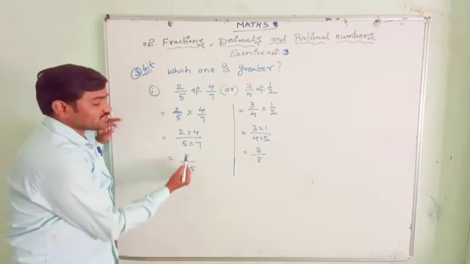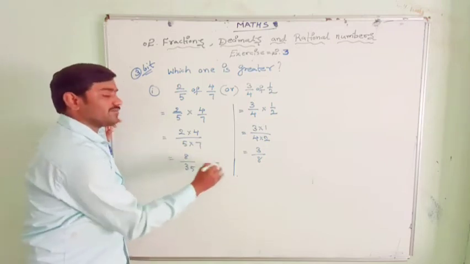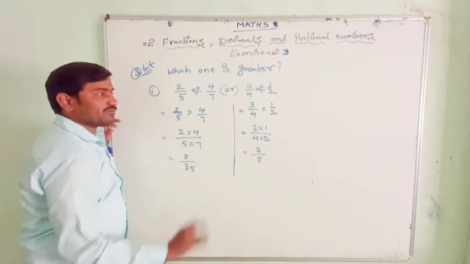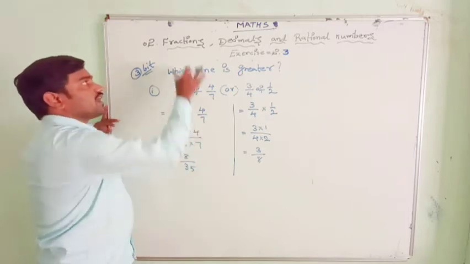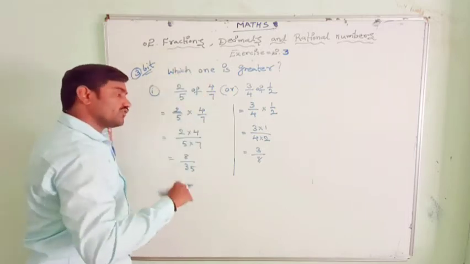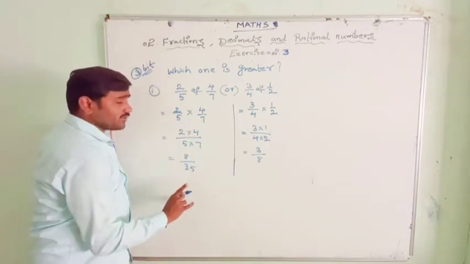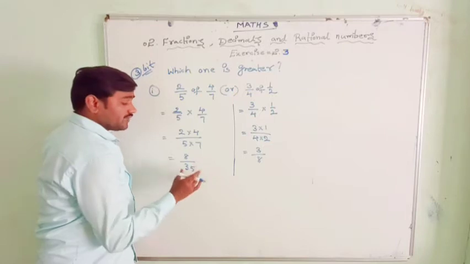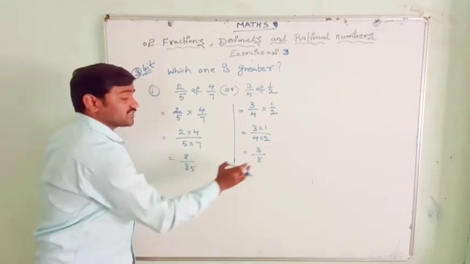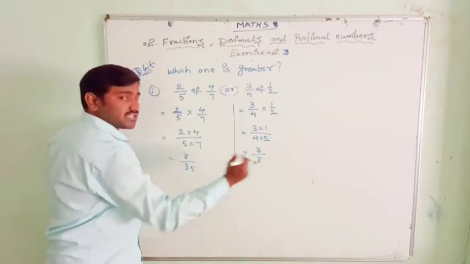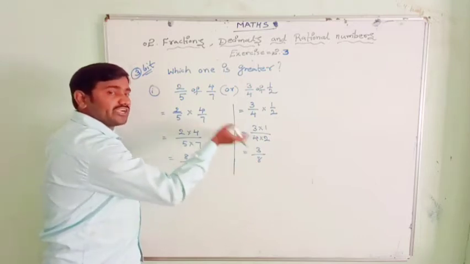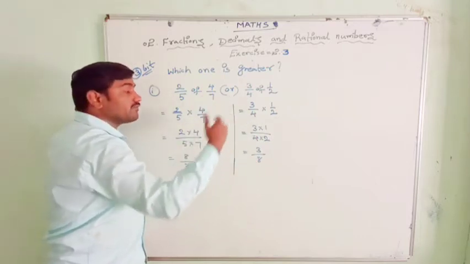Normally you can divide and the answer will be in decimal form, but we do not go for decimals because we are learning only the fraction chapter. So we go for fractions first. Here we have to make these denominators equal. If the denominators are the same, we can compare the numerators and say which number is greater.